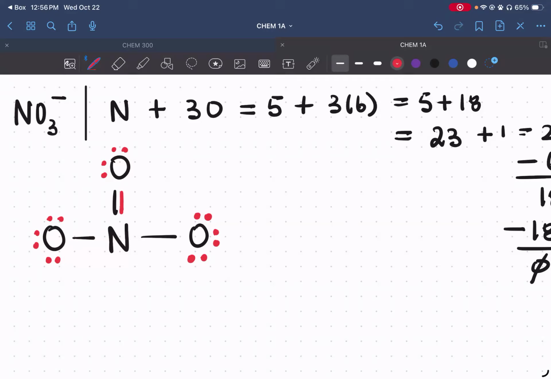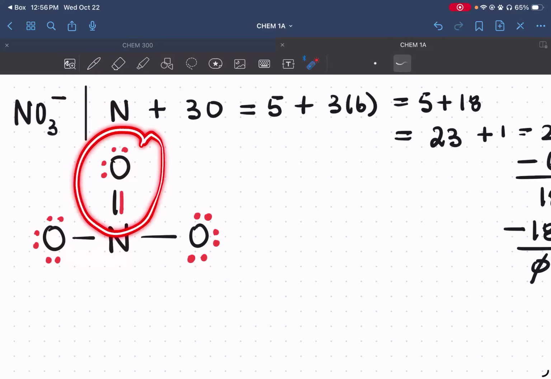Now, let's be clear about something here with the conversion. Converting the lone pair to a double bond does not strip the atom of its electrons. In fact, this oxygen still has access to 1, 2, 3, 4, 5, 6, 7, 8 electrons. It still is happy.